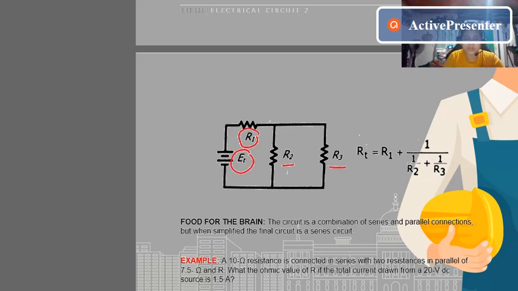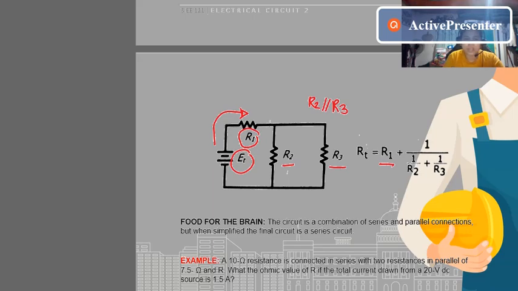So, kanang figure, therefore, we derive na for solving sa atuang total resistance, ang formula will be R1 plus, series, ang R2 ug R3 which is parallel. So, the formula sa atuang total for parallel is 1 over R2 plus 1 over R3.